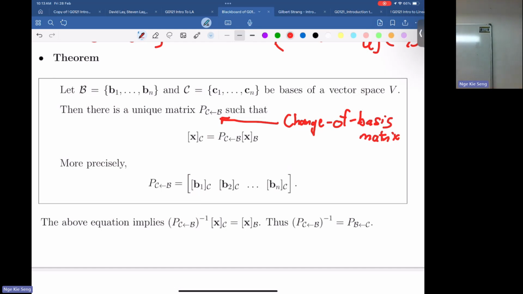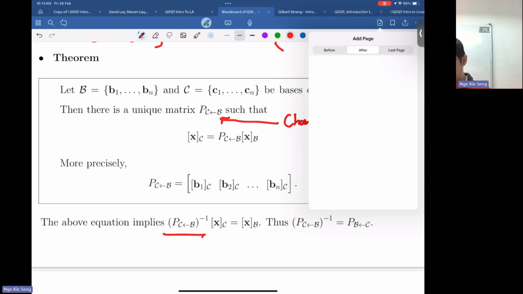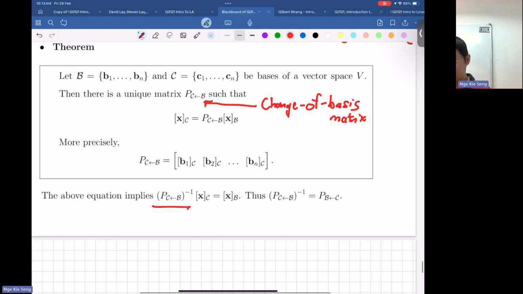And how do you form this matrix? Exactly, you take the coordinate vectors of all the B1 up to Bn in C. And you can see that it is invertible. Why is it invertible here? So maybe quickly do this. What do you think?